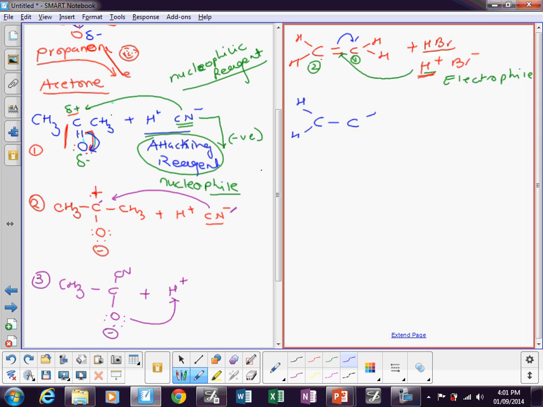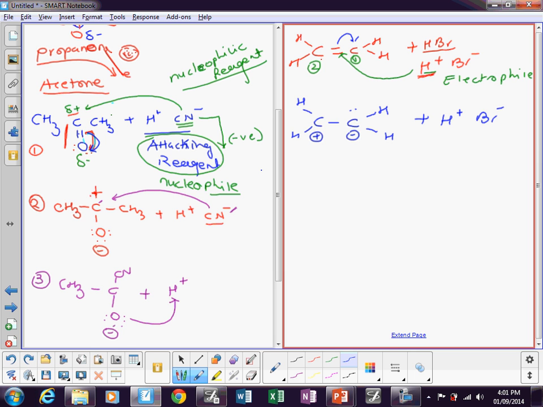And here an extra electron pair has come, those two dots, and that's why it develops a negative charge, and this carbon develops a positive charge. The reaction has not happened yet. This is our electromeric effect, the moving of the electron pair in the presence of an attacking reagent.